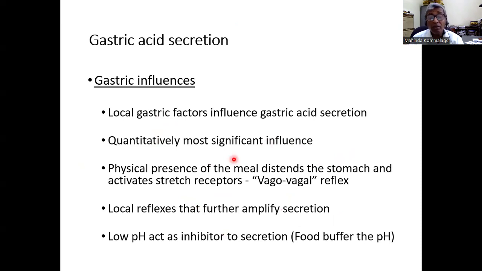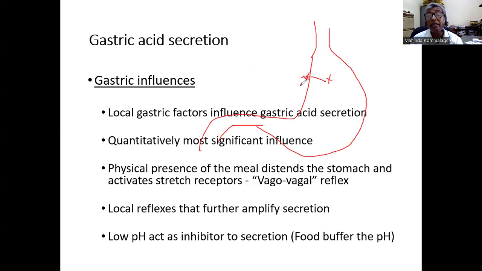And something I forgot to mention: for the gastric influence, I already mentioned it's locally operated. Let's say this is the stomach. The receptor is here and is stimulated, and in the stomach wall, some nerve plexuses and effectors will act on the secretory cells. So that's a local reflex operating in the gastric influence.